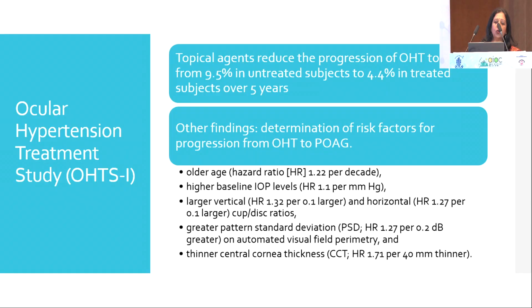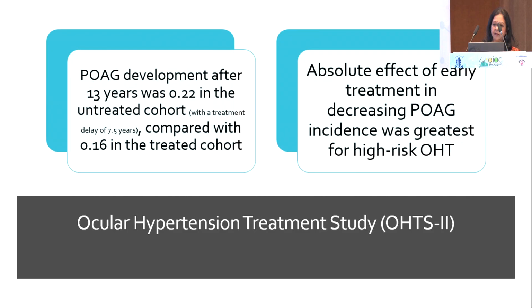The results of the OHTS 1 study have clearly shown that topical medications reduce the progression of OHT to POAG from 9.5% in untreated subjects to 4.4% in the treated subjects over a period of 5 years. They also identified 5 important risk factors: increased age, high baseline intraocular pressure, high vertical cup disc ratio, greater PSD, and thinner CCT.